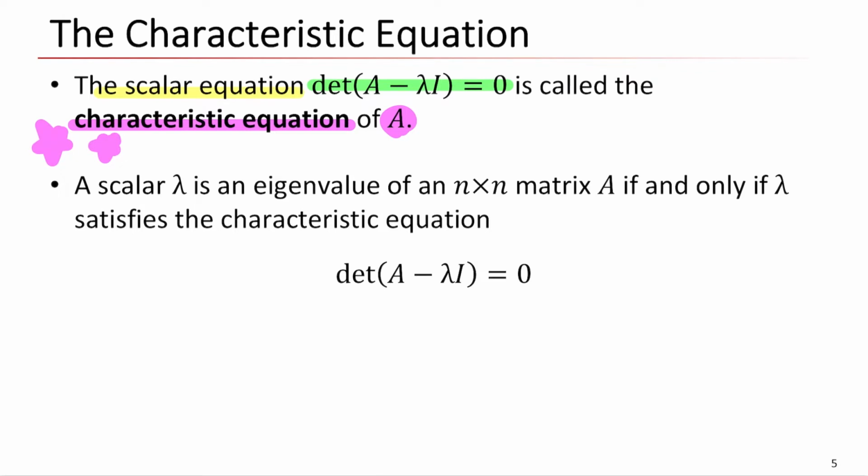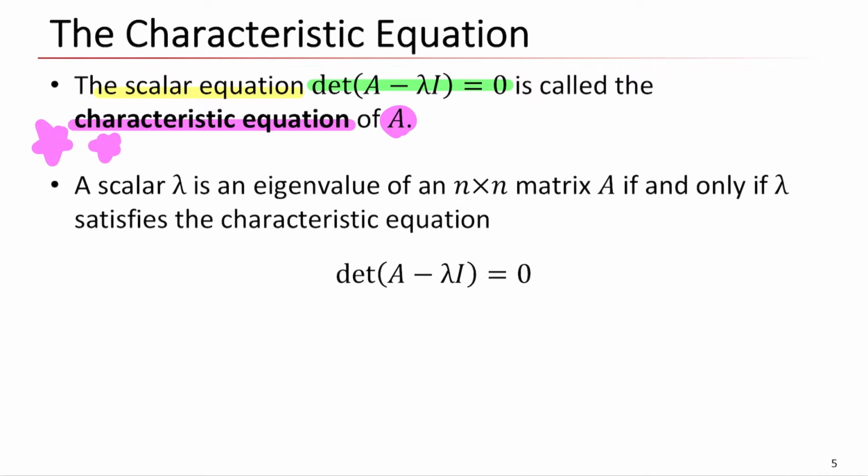It's very intuitive. Actually, it is related to lecture 13.1, but today we introduce the concept of the characteristic equation to find the eigenvalues in a more systematic way.